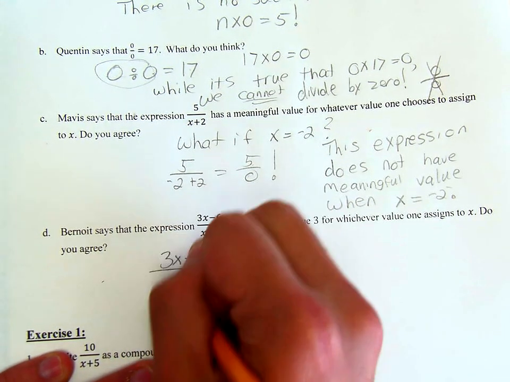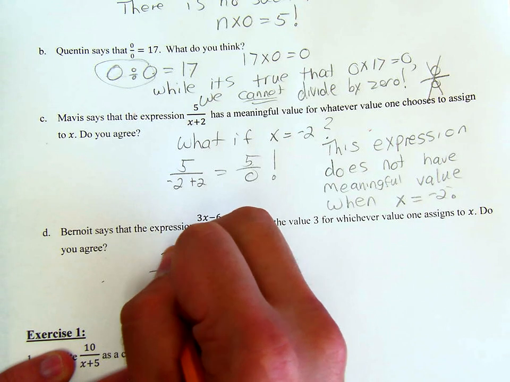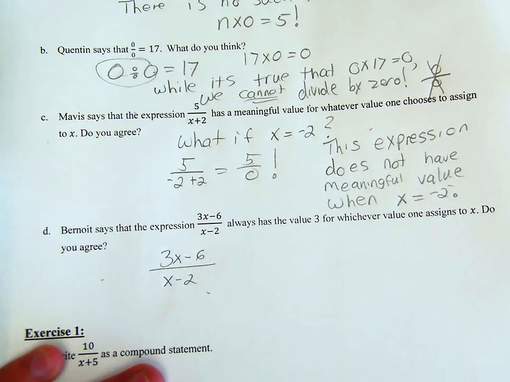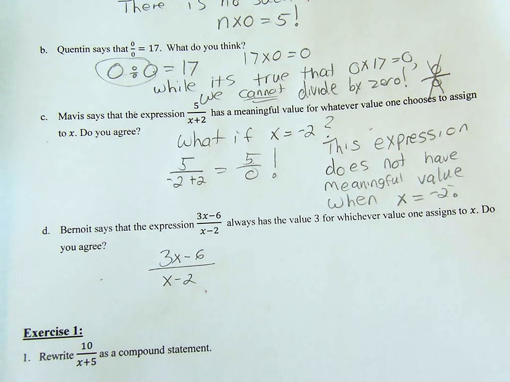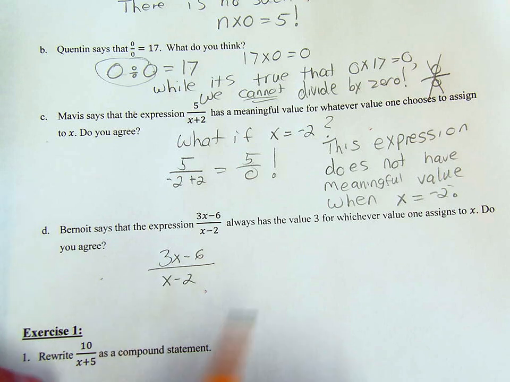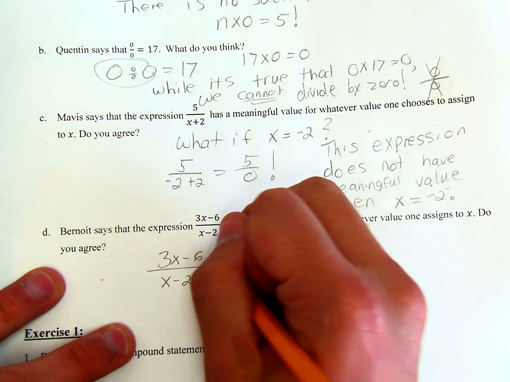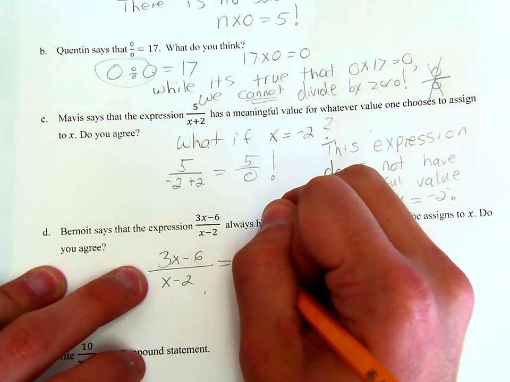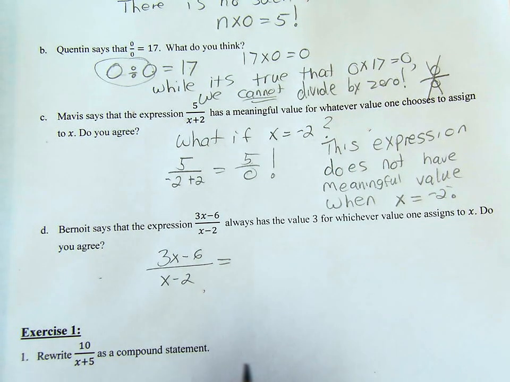On both sides, I'm going to multiply this expression by x minus 2. Actually, I'm wrong. What we're going to do is we're going to factor the top.